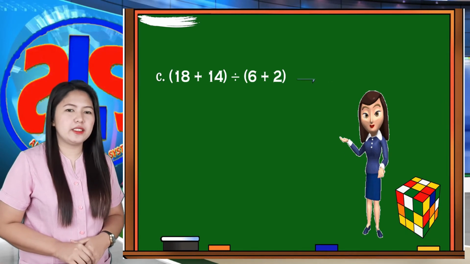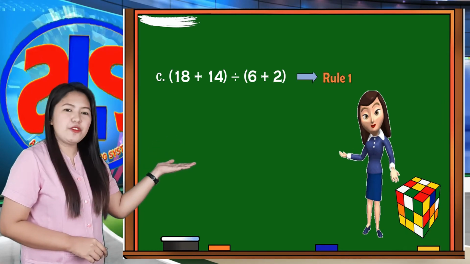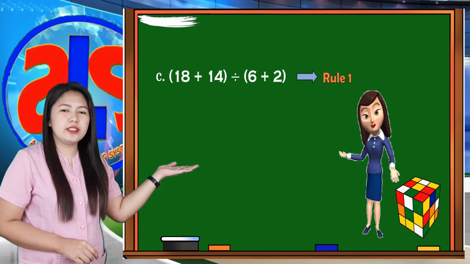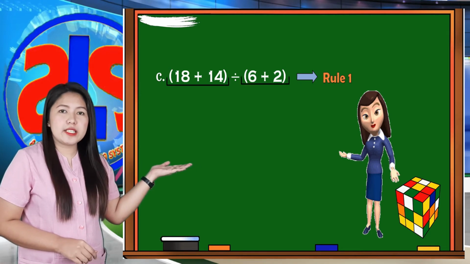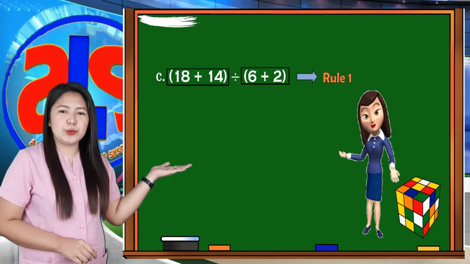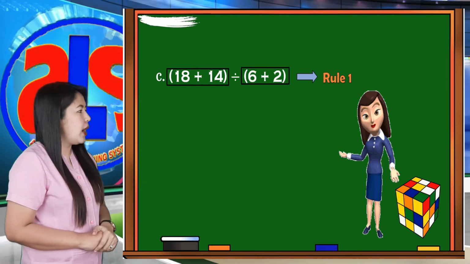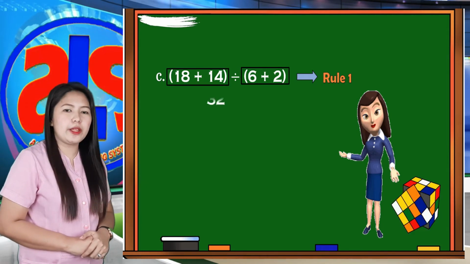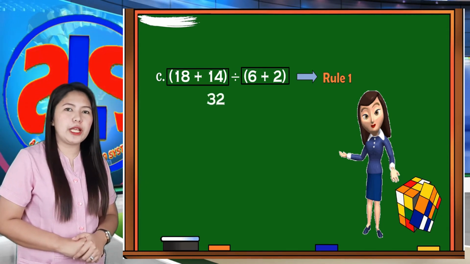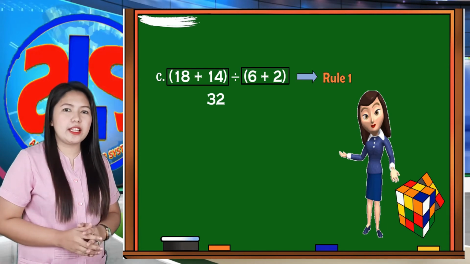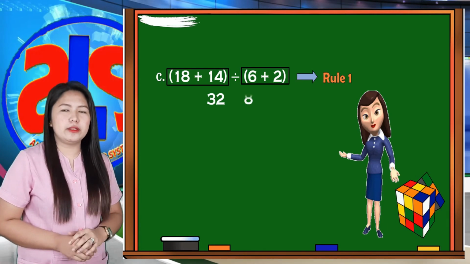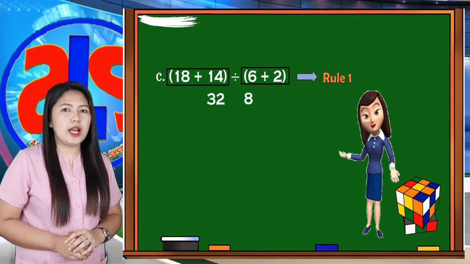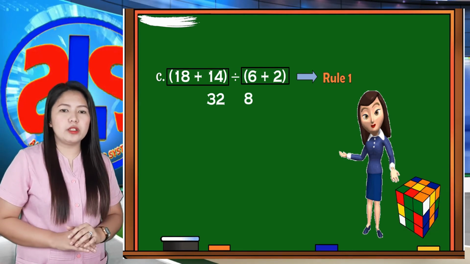Example letter C. The sum of 18 and 14 divided by the sum of 6 plus 2. So, as you can see sa ating example letter C, meron tayong dalawang parentheses, and that is rule number 1. So, maaari nyo silang pagsabayin isolve.